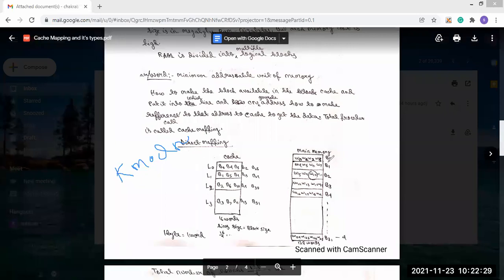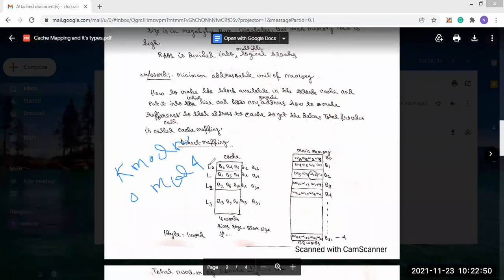So our first block is 0. That means K is 0, mod n, where n is the number of lines present in the cache. How many lines are present? L0, L1, L2, L3, that means 4 lines are present.